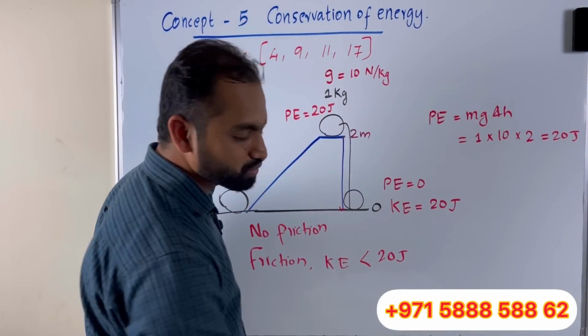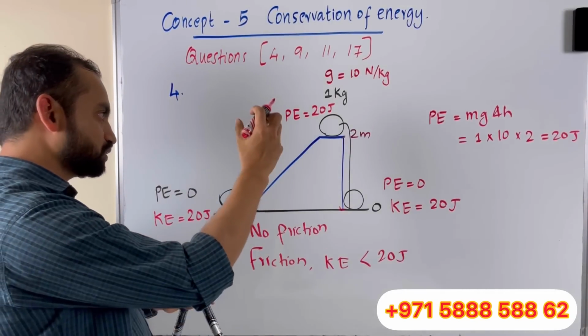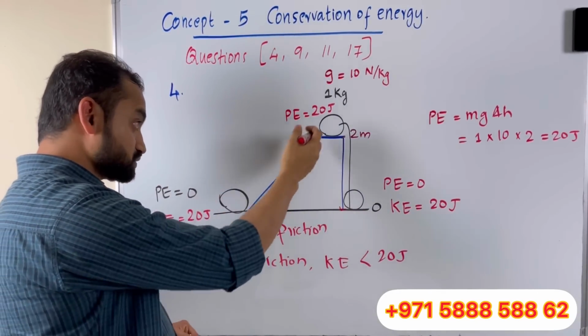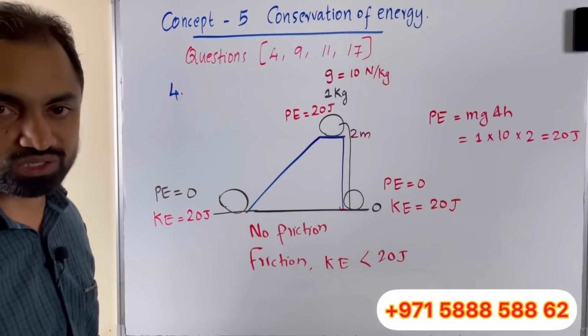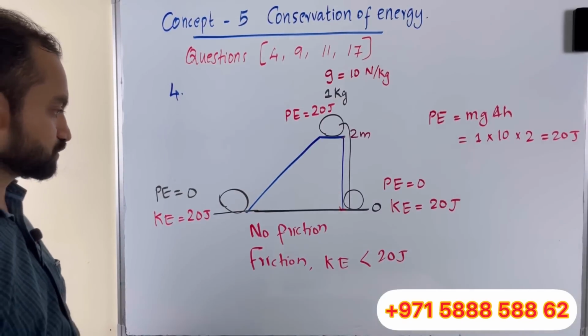Why less than 20 joule? Because some of the potential energy of the ball is lost when it is rolling down the slope against the frictional force, because of the friction.